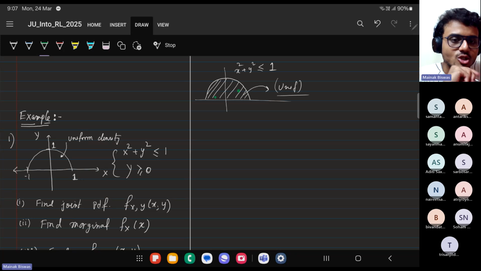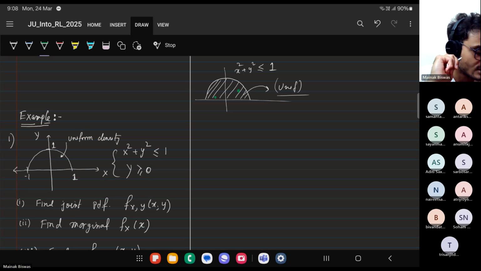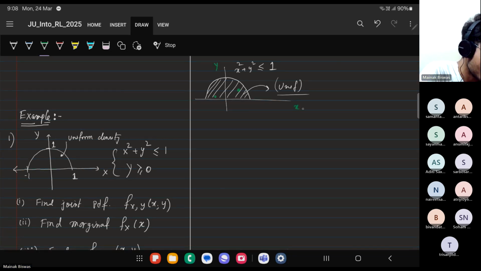First of all, you are asked to find the joint PDF. What condition should I use to find the joint PDF? I have to answer p of x comma y, which is something where x squared plus y squared is less than 1 and y is greater than 0, and 0 otherwise, which I can clearly see in the diagram. Can you tell me?